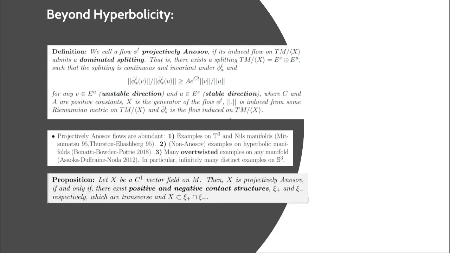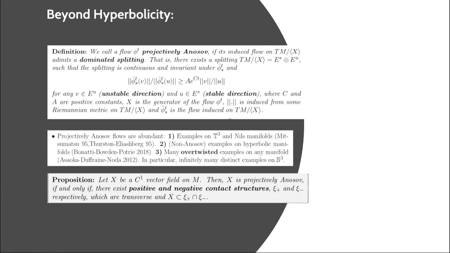And there are many generalizations of Anosov flows, but there is one of them that is in particular related to contact geometry. We call a flow projectively Anosov if its induced flow on the normal bundle of the direction of the flow admits a dominated splitting.